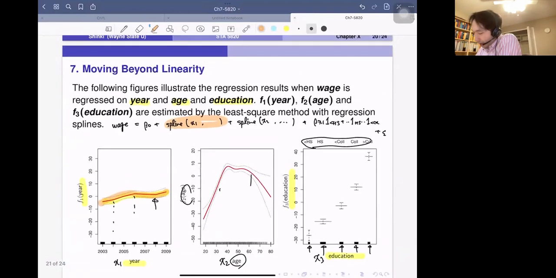And sorry, so this is estimated by least square method, but it's not clear what kind of variables are in it. Maybe polynomial regression, maybe they are fit. Sorry, so maybe not spline, maybe polynomial.